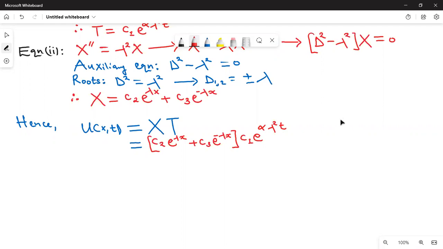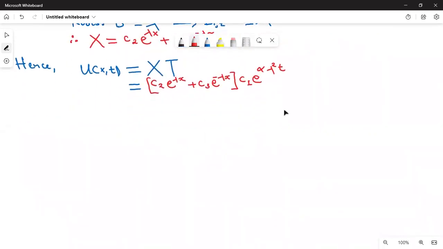This you can simplify. If I take the C1 inside, this can now be written as, call it A, exponential lambda x plus B exponential negative lambda x, times exponential alpha lambda squared t.